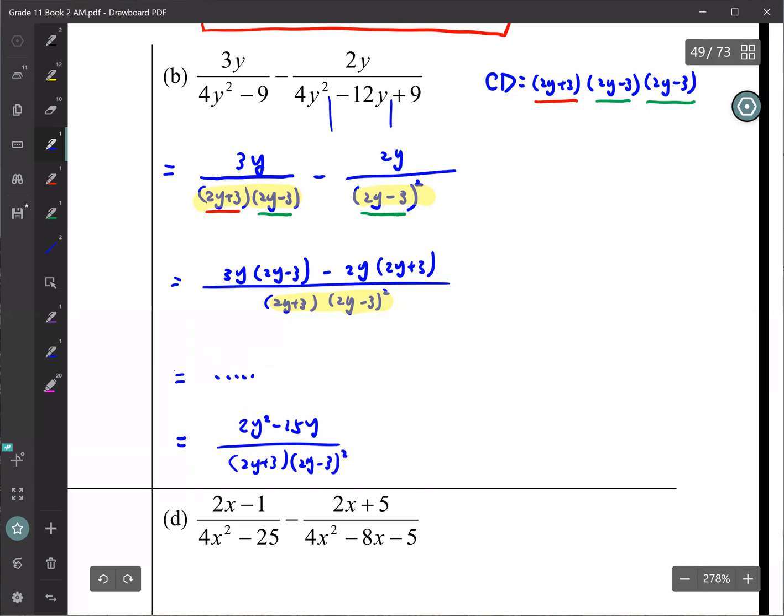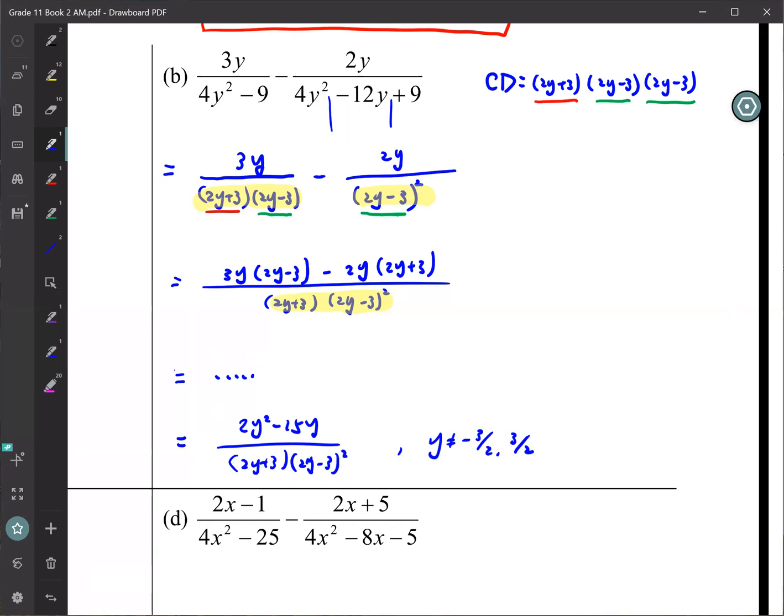Restrictions? y cannot equal negative 3 over... Can you say that again, Brendan? What's the restriction? Brendan, can you hear me? What's the restriction? Oh, sorry. Negative 3/2 and 3/2.